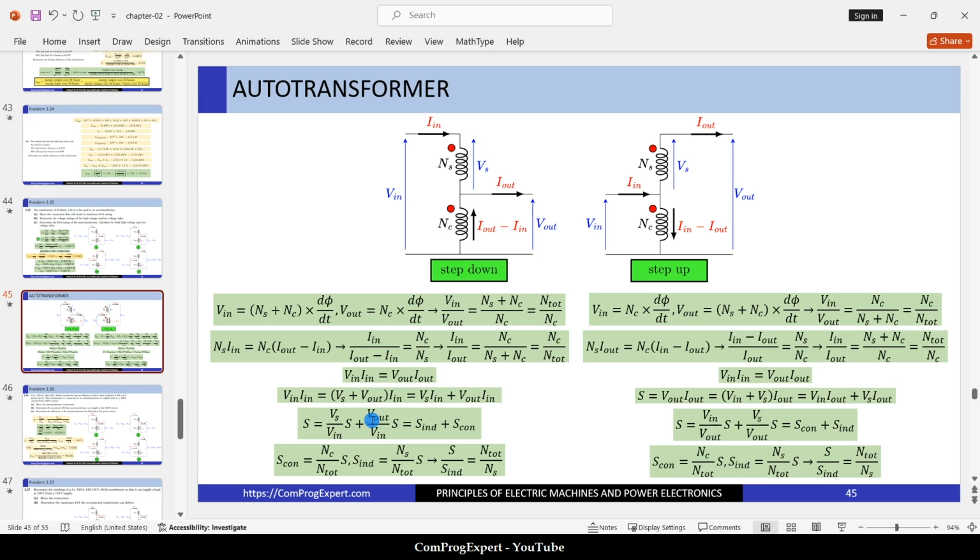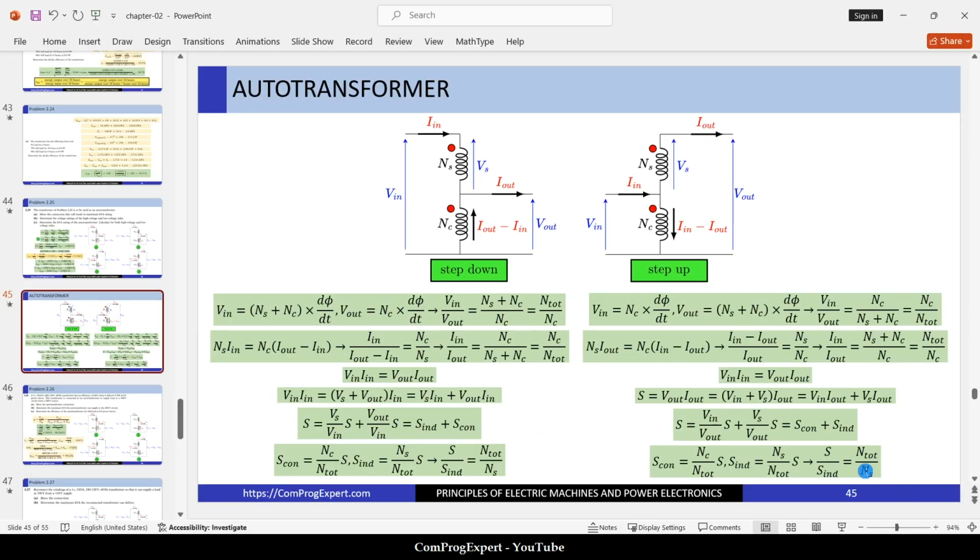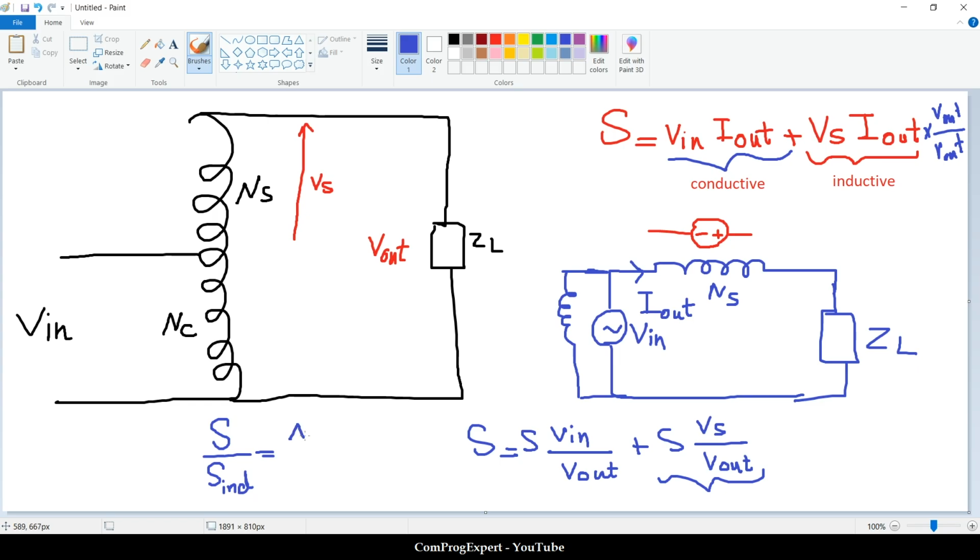You can do the same for a step-down autotransformer. So finally, the ratio of the autotransformer apparent power to the inductive part is equal to the fraction N total divided by N s.